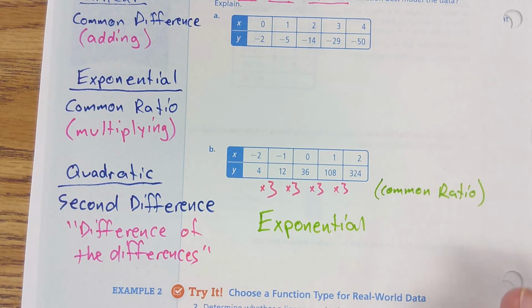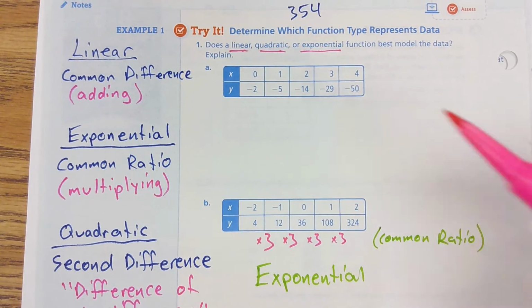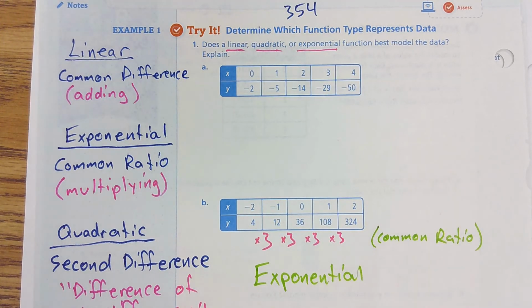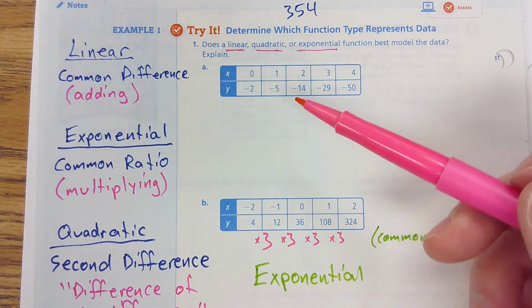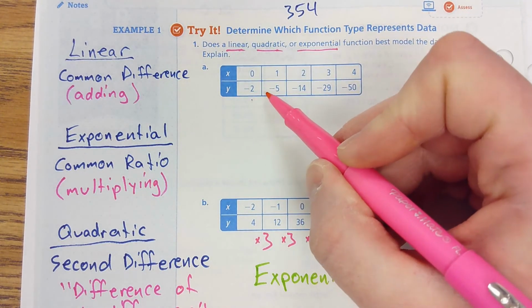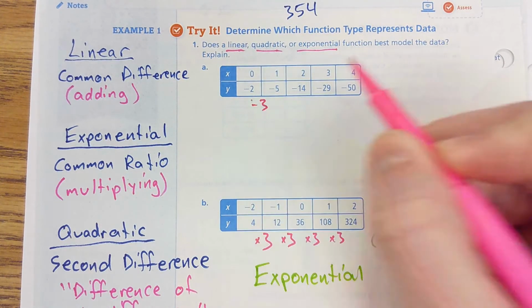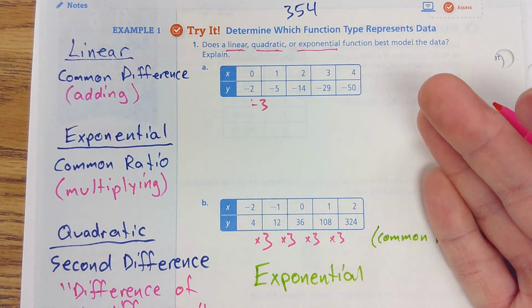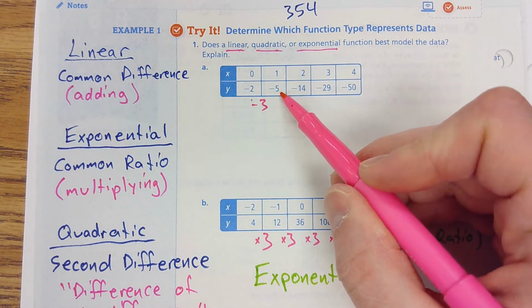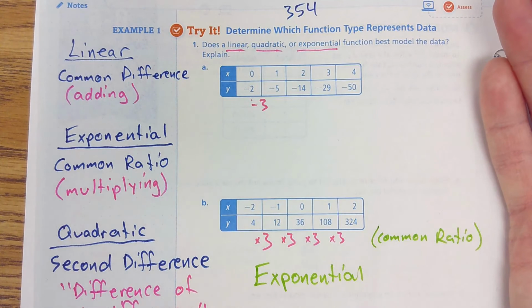Okay, it's going to be a lot easier if we see this in the table up here. Looking at the table in part A. Just like we did on the linear, let's look at how much we're adding or subtracting between each set of numbers. So from -2 to -5, that is a difference of -3. We've subtracted 3. Then going from -5 to -14, obviously that's not the same value, it's not 3.